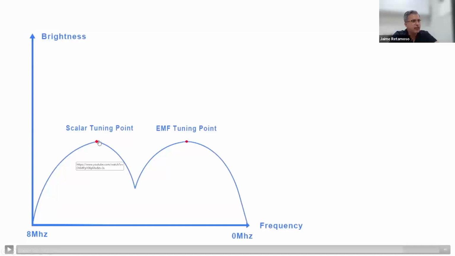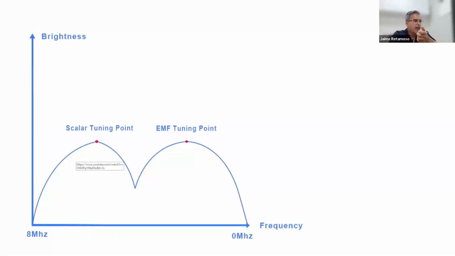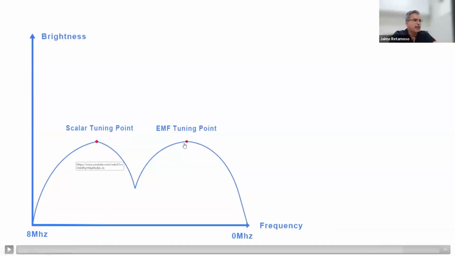This is the maximum point, and then it will start going dimmer, okay? So at a certain point, if you continue turning the knob anti-clockwise, it will start getting brighter again. But we don't want this second point, okay? This is electromagnetic frequency that is also connecting the transmitter and receiver. We don't want the second time.